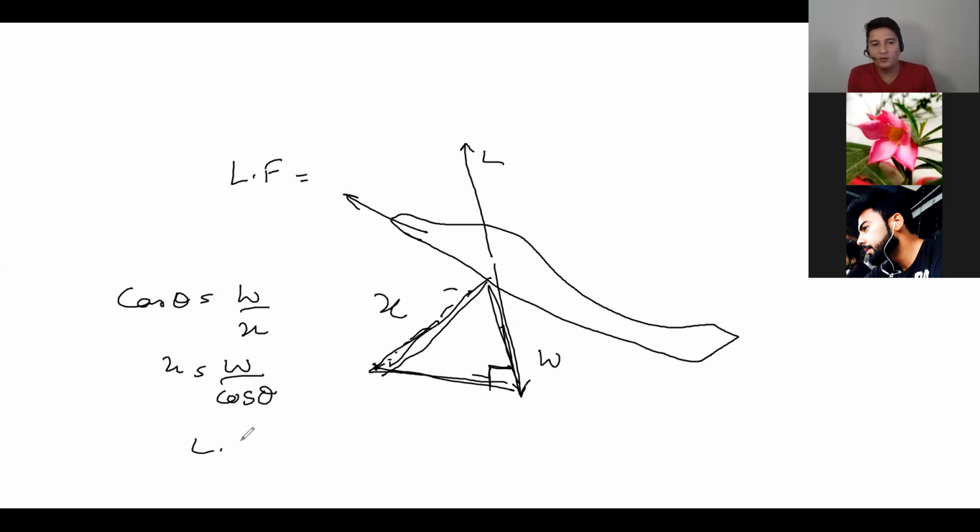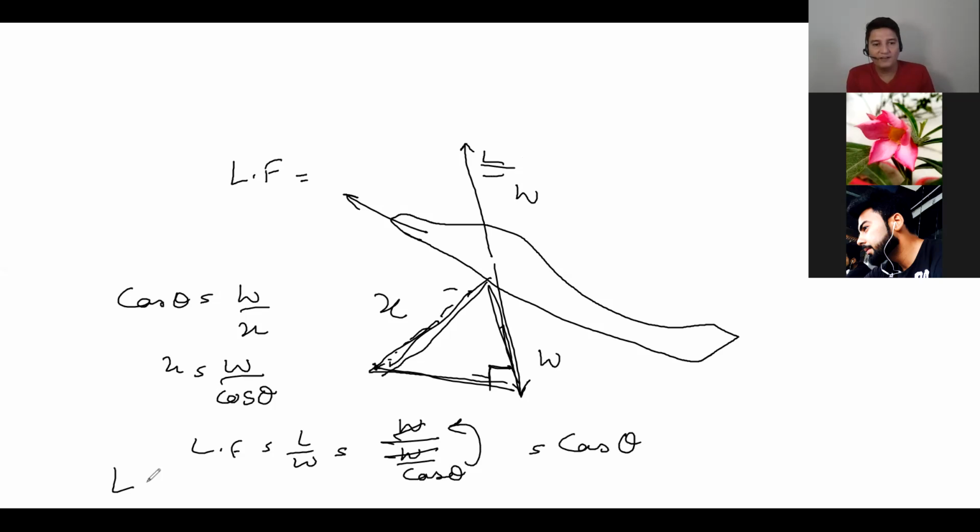Now put it in the formula of load factor, lift upon weight. So lift can also be called X, so it will become weight upon cos theta upon weight. Weight will cancel, cos theta will remain. Load factor equals cos theta. That's it.